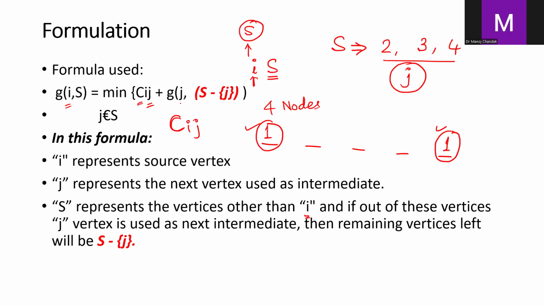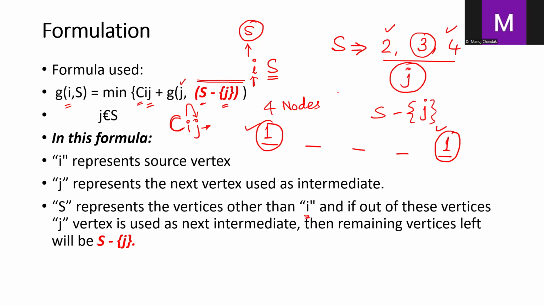Once you have decided that you started from i and you are landing on j, your next component of the path will continue from j and will try to use all remaining vertices of S other than j. That is S minus j. So if S is 2, 3, 4, and I have picked 3 as j, then S minus j will remain as 2 and 4.